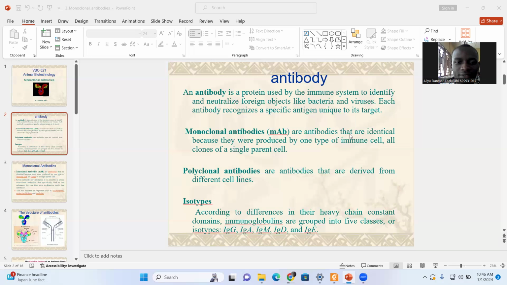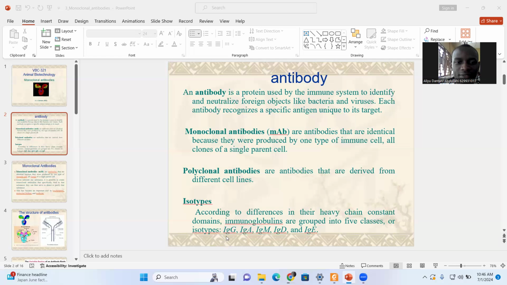Monoclonal antibodies are antibodies that are identical because they are produced by one type of immune cell. They are all clones of a single parent cell, while polyclonal antibodies are derived from different cell lines. When you talk about antibodies, you can't talk about them without talking about the immunoglobulins.